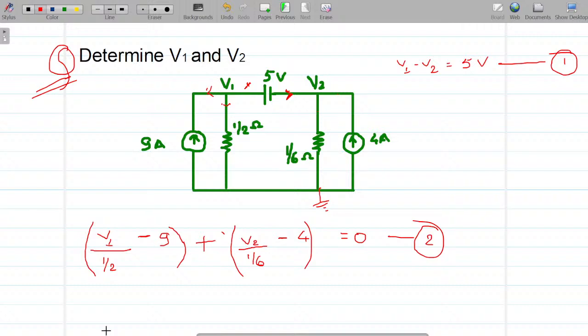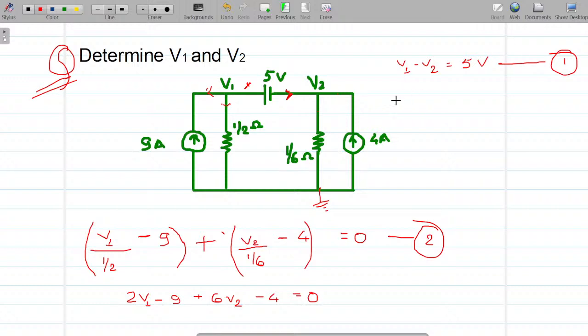Now let us solve this. Can I write it to be 2V1 minus 9 plus 6V2 minus 4 equals 0, right?